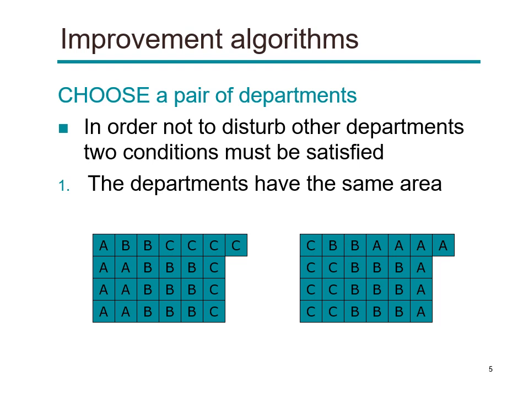And we know that we cannot have a layout with 7 unit squares here and 3 squares there, so that the total is 10, because they are disconnected. Remember the connectedness rule of the layouts. So in order not to disturb the departmental shapes, the first condition is to have the same area. And in this example, since A and C have the same area, we can exchange their positions.